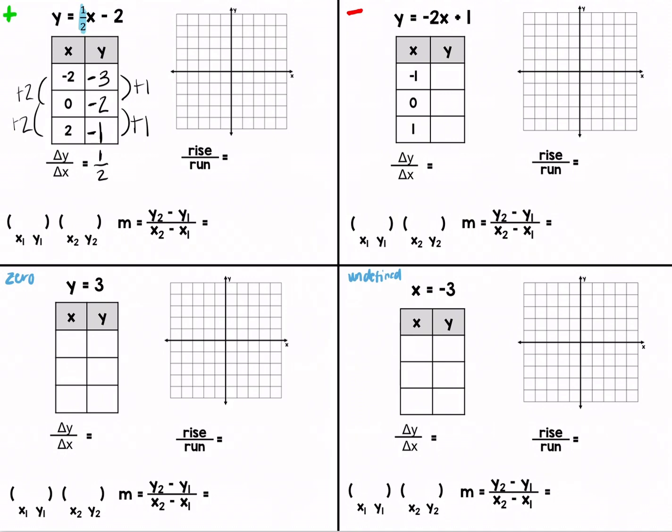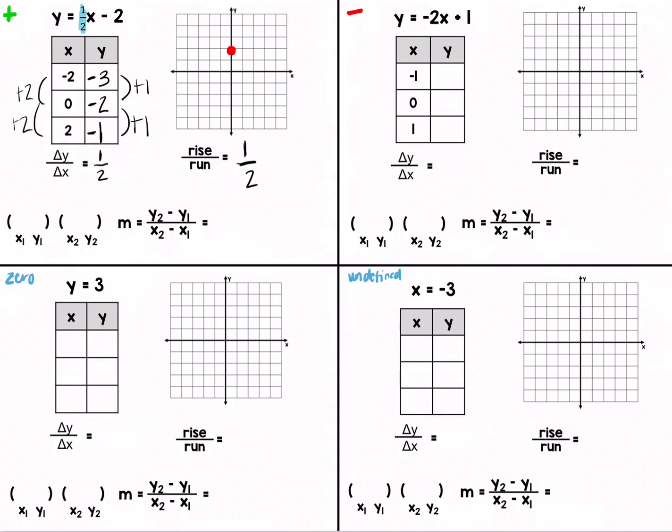So my rise over run is 1/2. When I go to graph this, my y-intercept is -2, so -2. And then my slope is 1/2, so I'm going to go up 1 over 2.